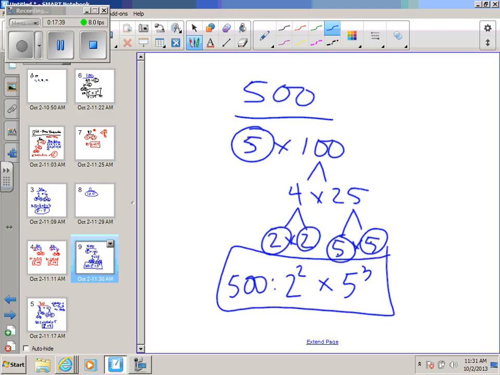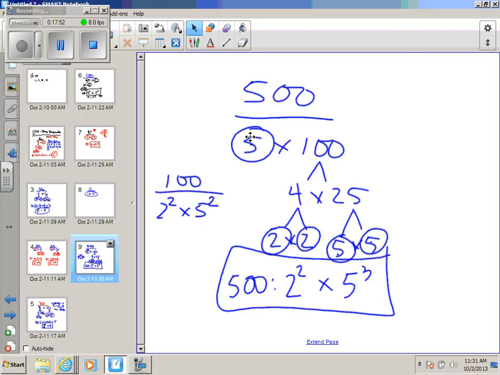And if you think about it logically, the prime factorization for 100 was 2 squared times 5 squared. That gave you 100. So 100 to 500, you've got to multiply by another 5. Do we have an extra 5 here? Yeah. We had 3 5s instead of 2.